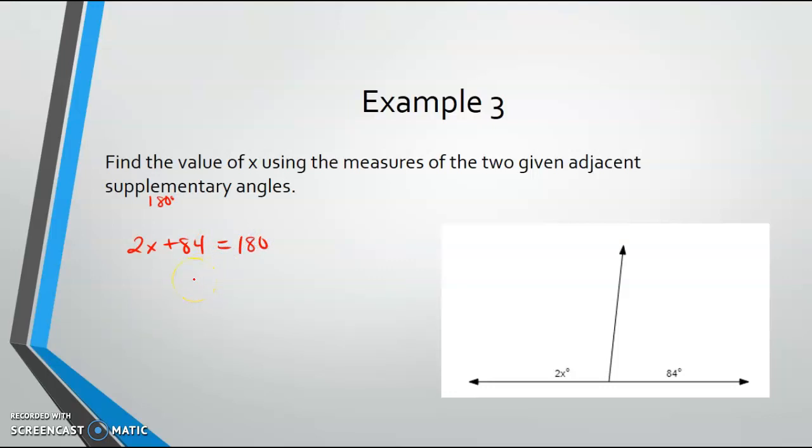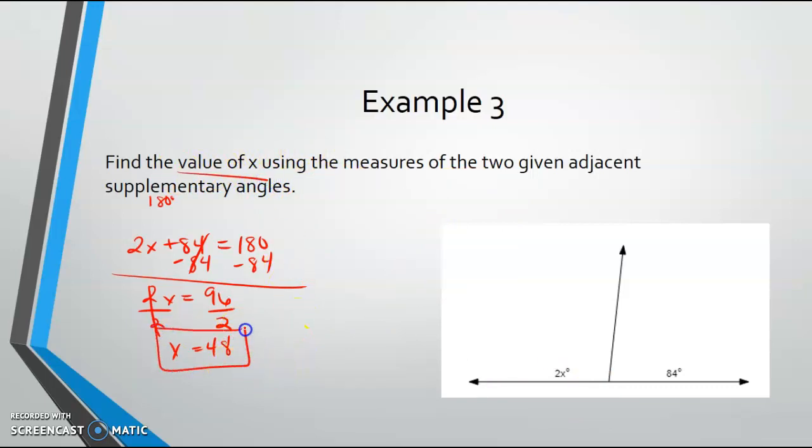From here, again, just a two-step equation, so I'm going to subtract 84 from both sides. So then 2x will equal 96. Divide both sides by 2 because that's the opposite of multiplying, and x will equal 48. And again, it's just asking for the value of x. So x equals 48. And we are done.